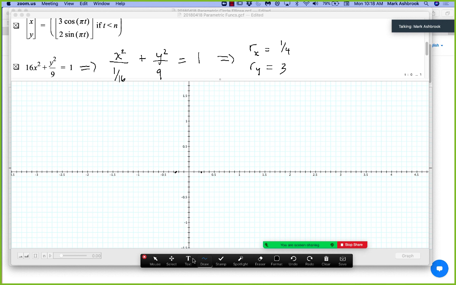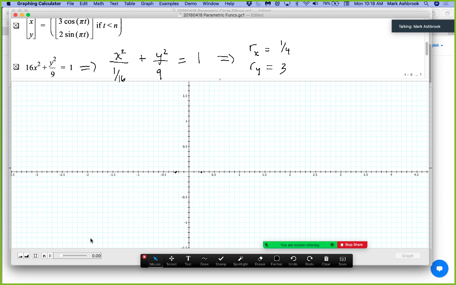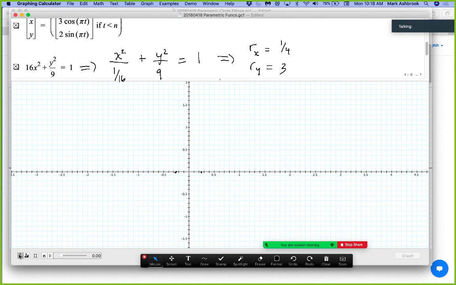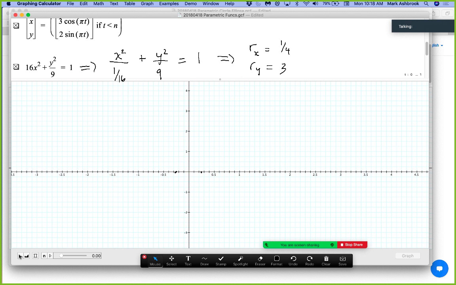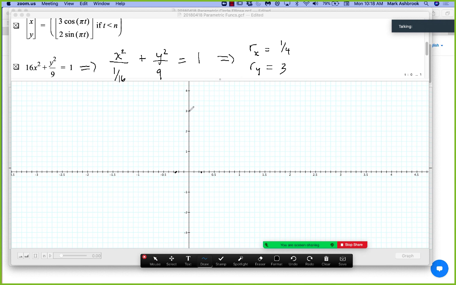So I've got to zoom out some more here. It's centered at 0, 0. Y radius is 3, so we can go 3 from the origin. X radius is 1/4, so go 1/4 from the origin, and I can just try to sketch that.